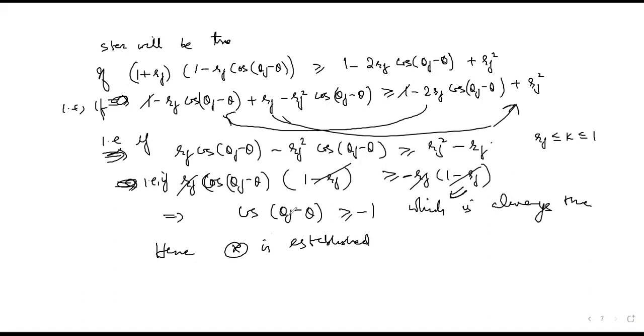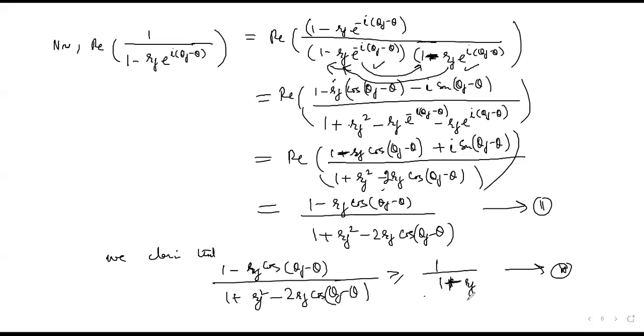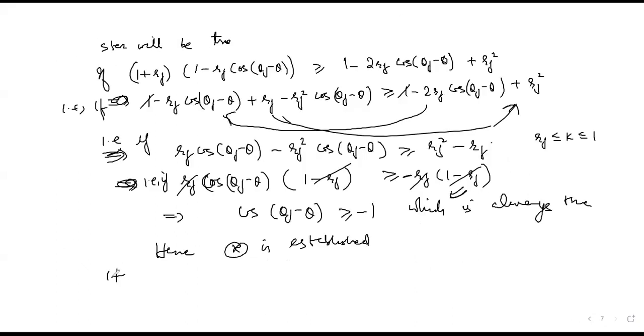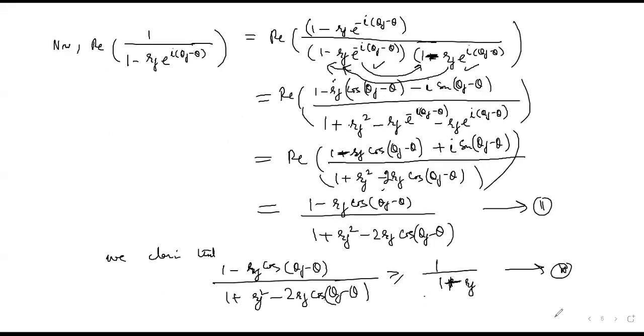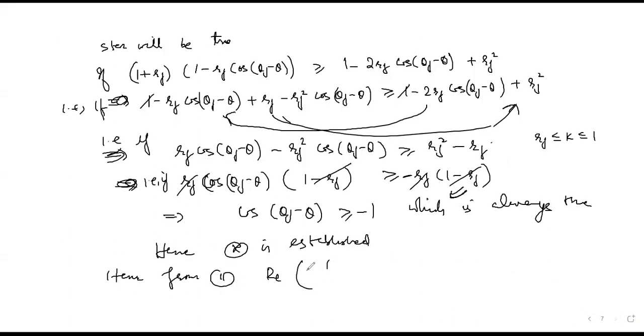Star is established because this is always true. By reverse engineering, we can reach that this is greater than or equal to 1 by rj. So hence from second, we have the real part of — let me write again what we had — 1 by 1 minus rj e raised to the power iota theta j minus theta is greater than or equal to 1 by 1 plus rj, for all j running between 1 and n.